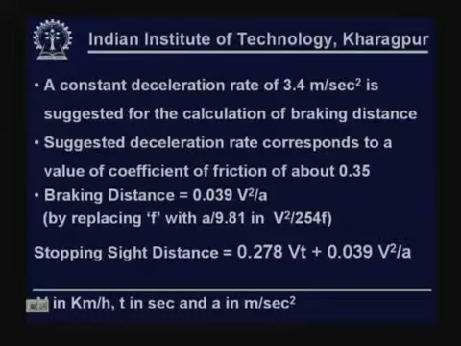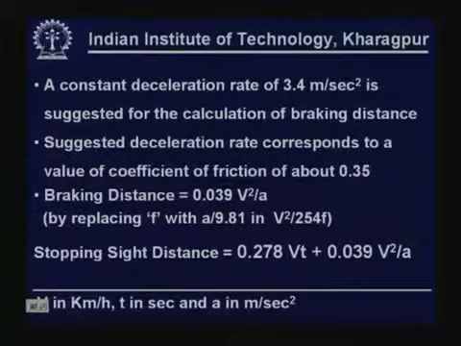Instead of using coefficient of friction, a constant deceleration rate of 3.4 meter per second square is used. Suggested deceleration rate corresponds to a value of coefficient of friction of about 0.35.